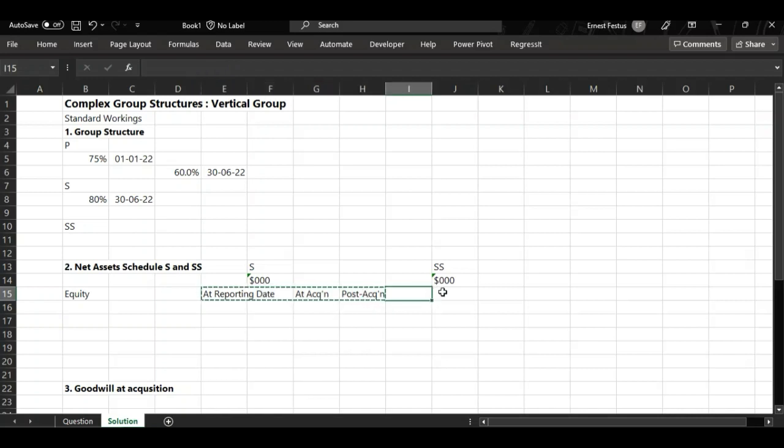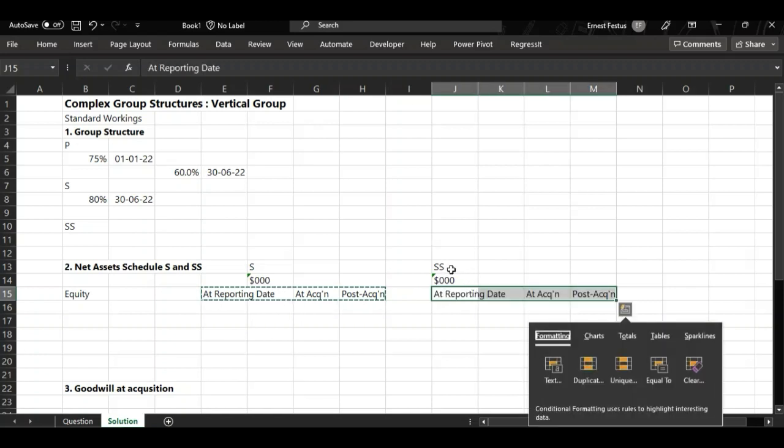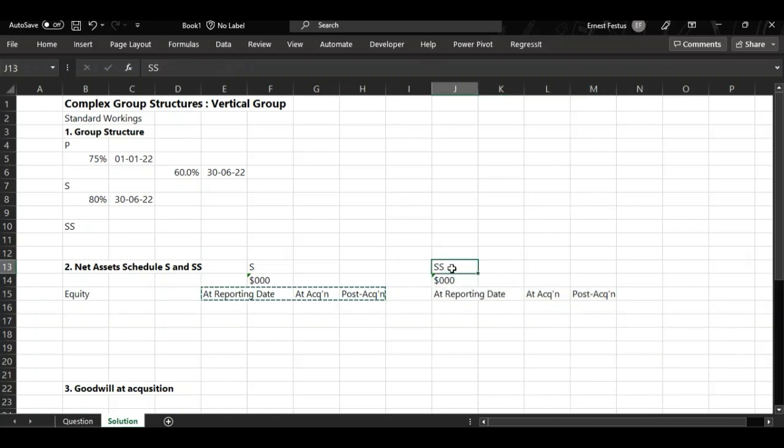Copy, paste right here. You can copy this, cut it from here, and paste it here. You can copy this, cut it from here, paste it right here.